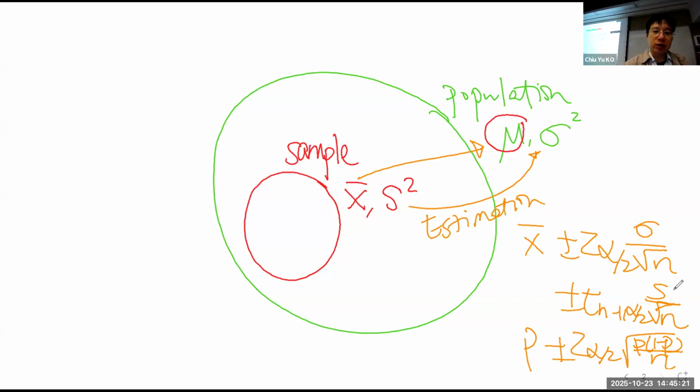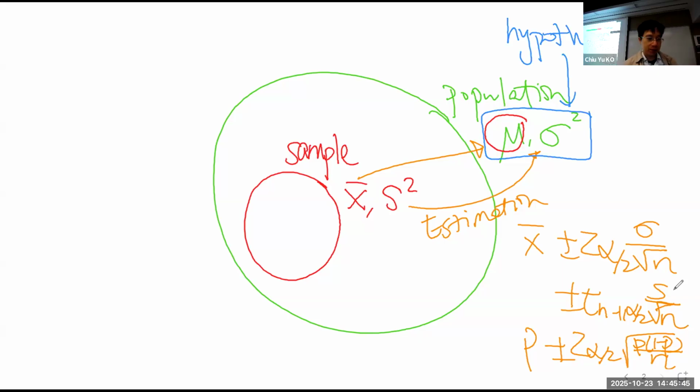Now suppose we are going to do the other way around. We know something about this, but we never know for sure, and what we have is what we call a hypothesis.